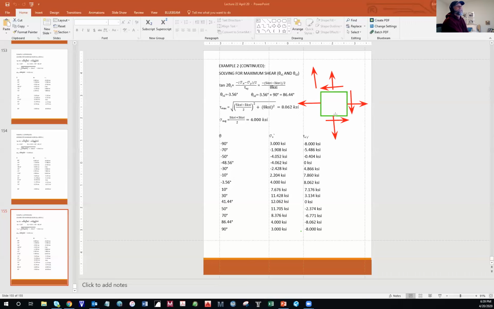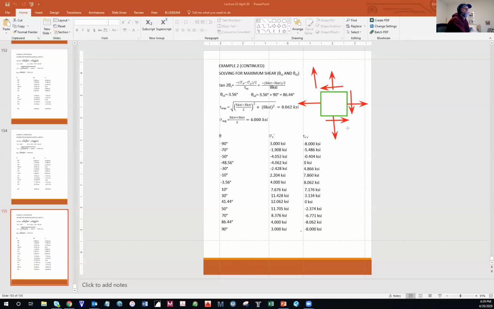The material is feeling stress in every direction. There's a spectrum of stresses all the way around that the material is feeling all the time. We only, with our limited ability to visualize this, think in X, Y, and shear.